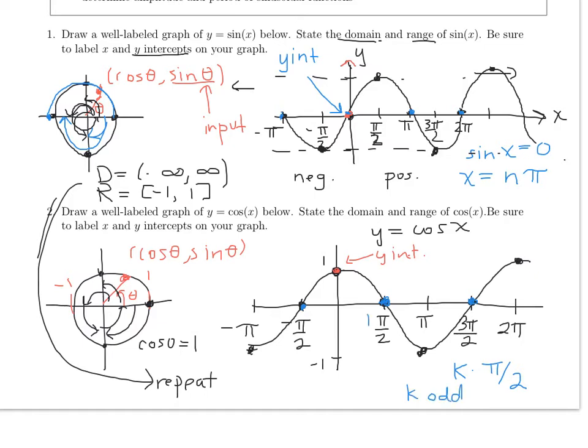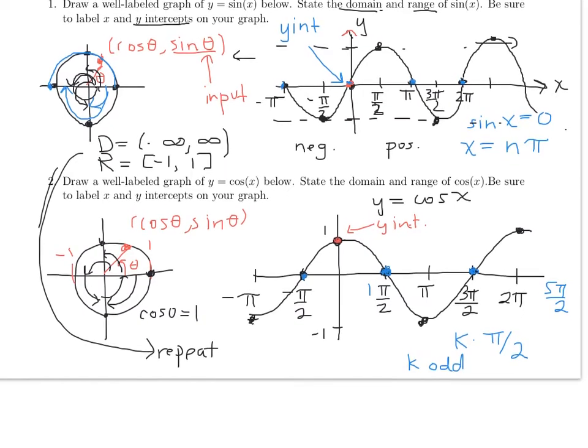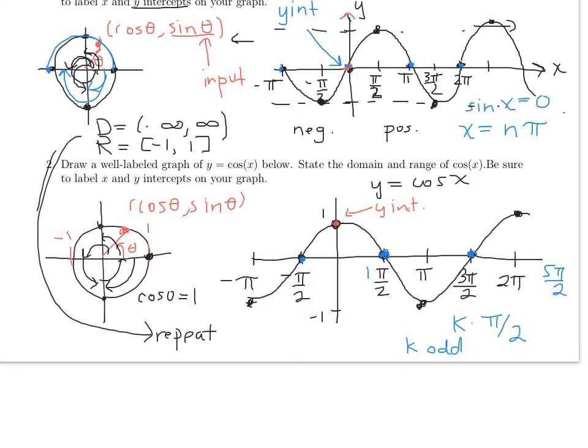You see that? Because it's 1 pi over 2, 3 pi over 2. The next time will be 5 pi over 2. Odd integers also can include the negatives, so we have -1. So negative odd number times pi over 2, and we have an x-intercept. So there's a different form for the intercepts there. But otherwise, it really looks similar to our graph for sine.